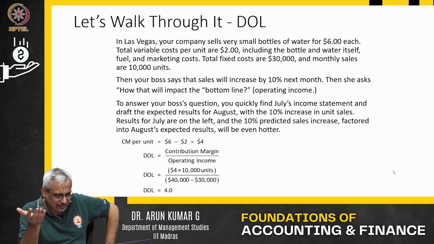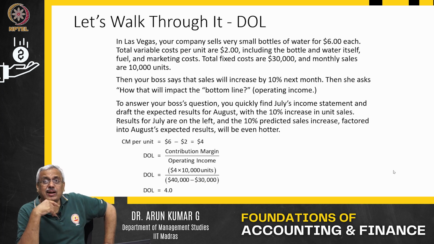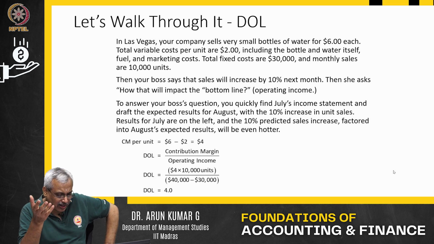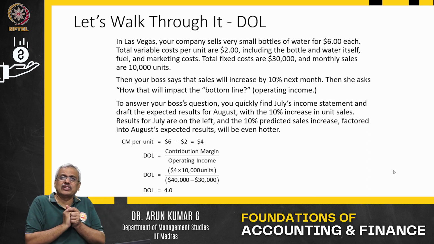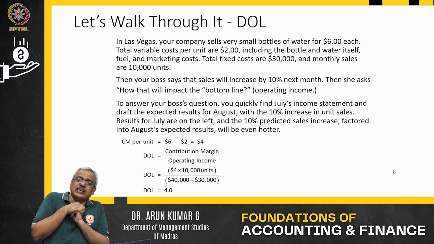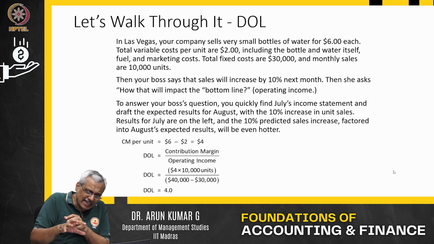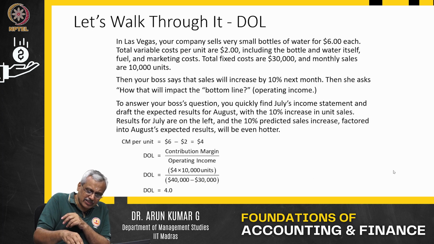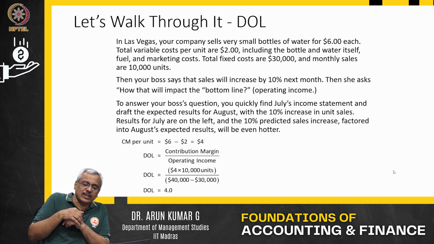So net, 40,000 is my contribution. Fixed cost is 30,000. So contribution minus fixed cost gives me operating income, which is 10,000. So my degree of operating leverage is 4. That is my contribution margin divided by my operating income. Its degree of operating leverage is 4.